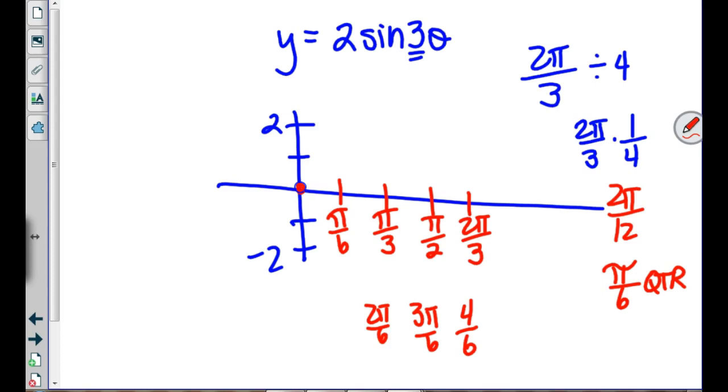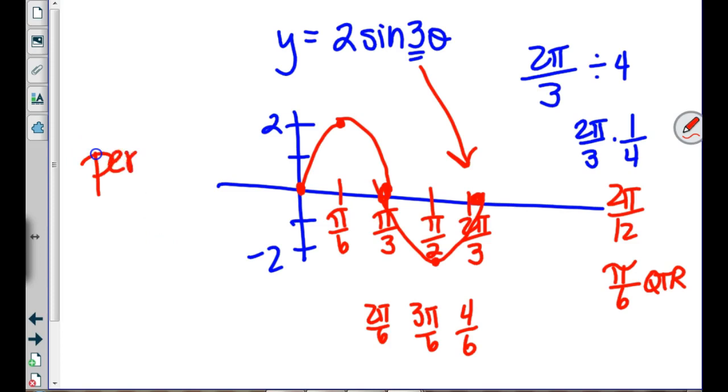If it was sine, it would start here, here, here, here, here, and sorry, that was really bad. And it would finish at 2 pi over 3. So to find quarter points, you take the period divided by 4. Will give you what you need to count by to be quarter points, okay?